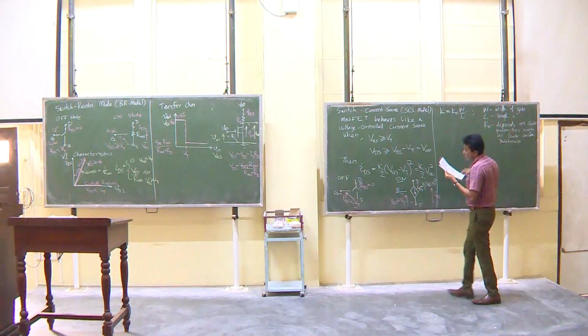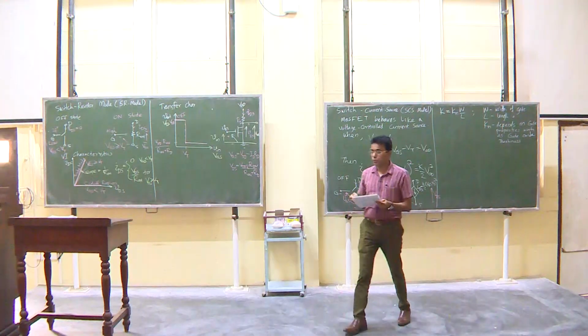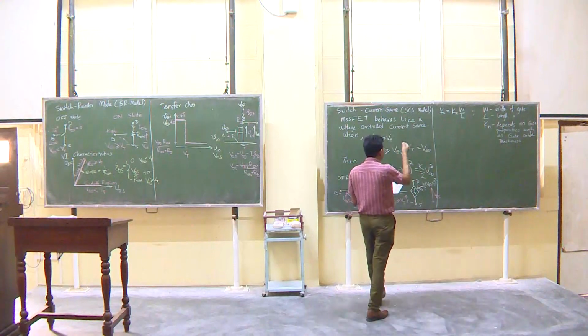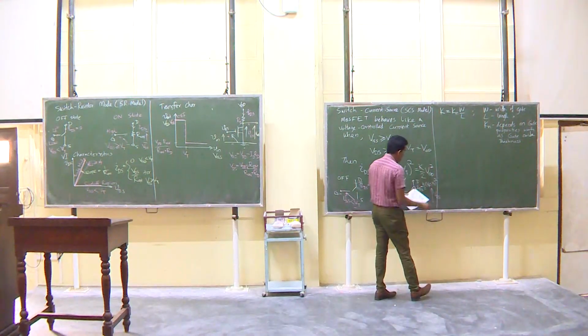Once you manufacture the MOSFET, those are not going to change, so that value is a constant. That is basically this K.